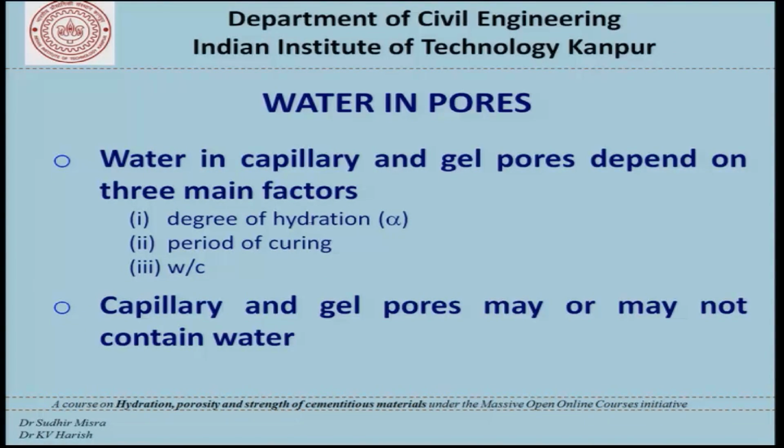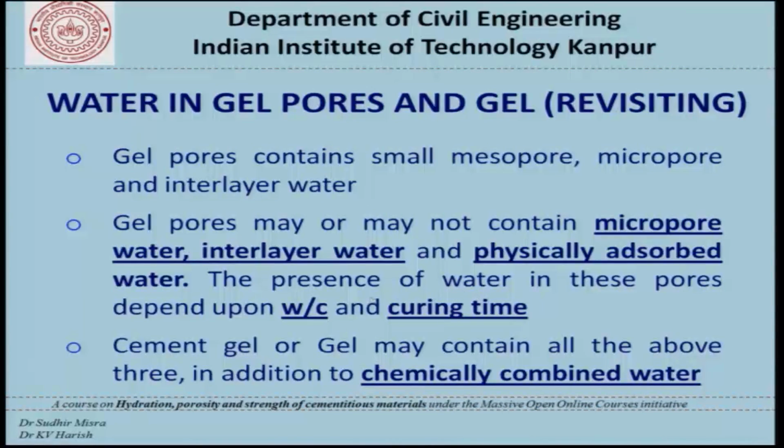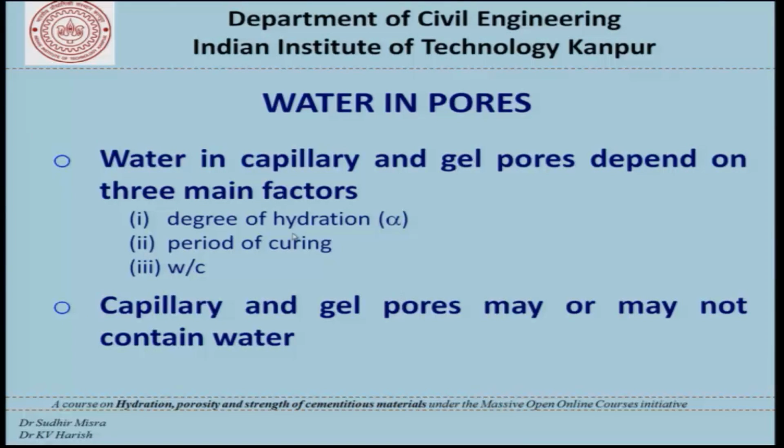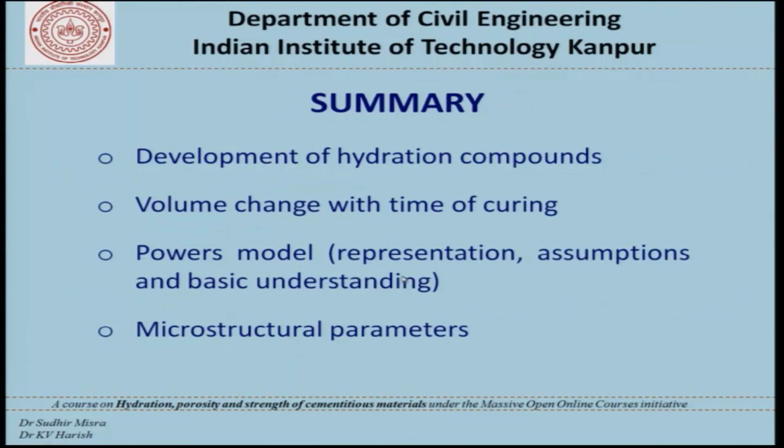We have already seen in a couple of slides before that the water present in the gel pores depends on water to cement ratio and curing time. Likewise, the water present in capillary pores also depends on all three factors. Capillary pores and gel pores may or may not contain water. This is very important, because of these three parameters.